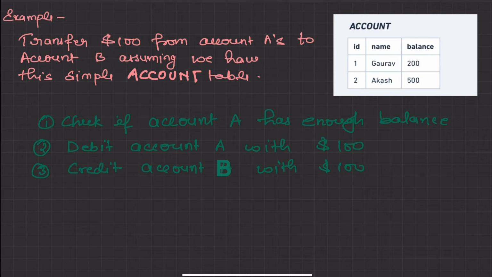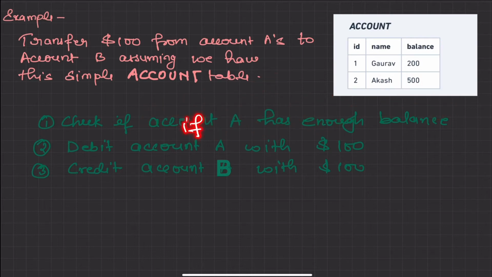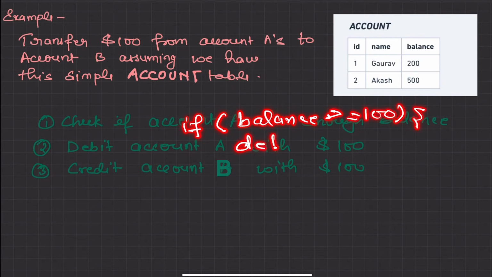If you look closely, checking if account A has enough balance is nothing but a select query. We'll say select balance from account where ID equals 1. This will give you the balance of account A. Now if the balance is greater than or equal to $100, we will perform the debit operation, then the credit operation, and then we will close.